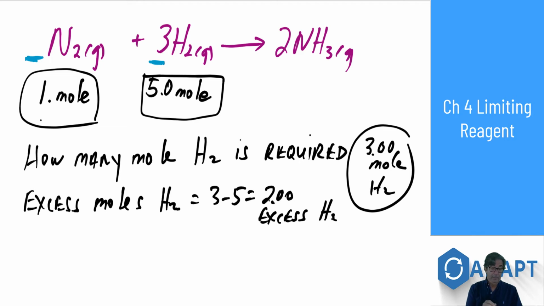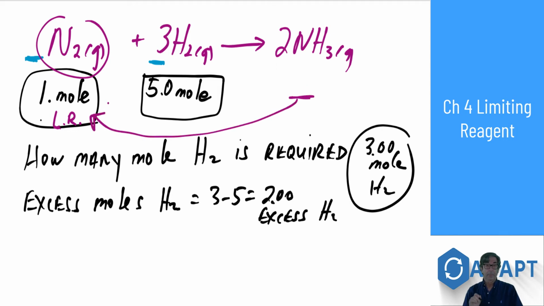So what we identify from that is that nitrogen is our limiting reagent, and all stoichiometric calculations of the product will be based on the limiting reagent. Once all the nitrogen is consumed, we do have the excess 2 moles of hydrogen, but it will not be able to produce any more product due to the nitrogen having been totally reacted.